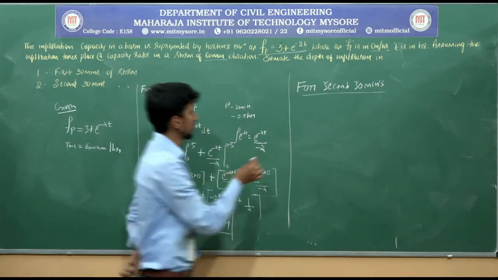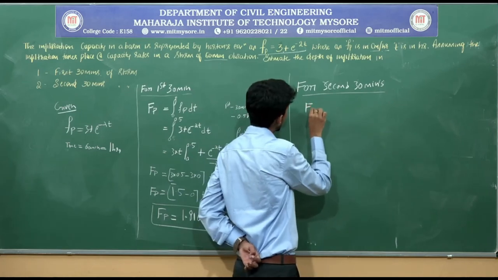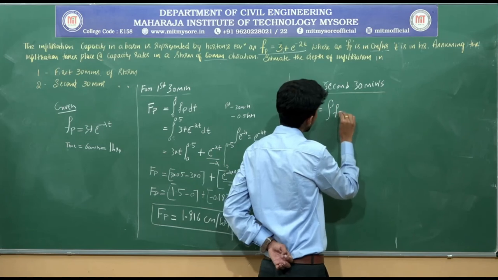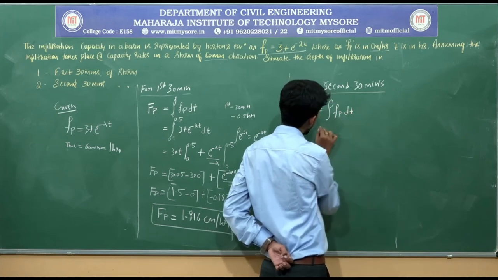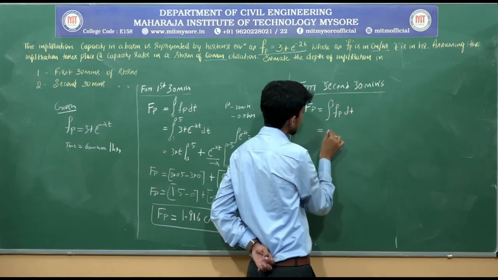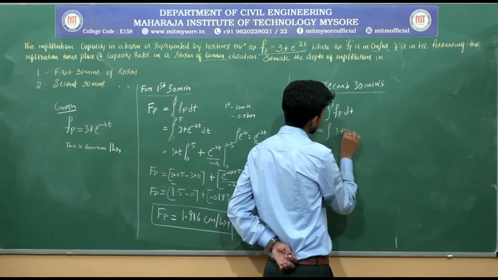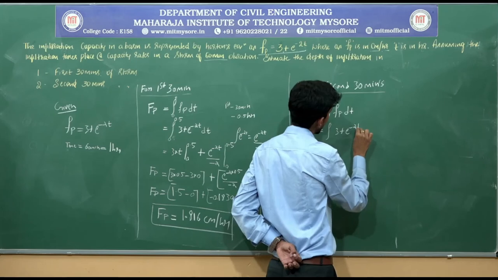Similarly, write down the equation. Capital Fp equals small fp into dt. Here the small fp can be written as integration of 3 plus e power minus 2t.